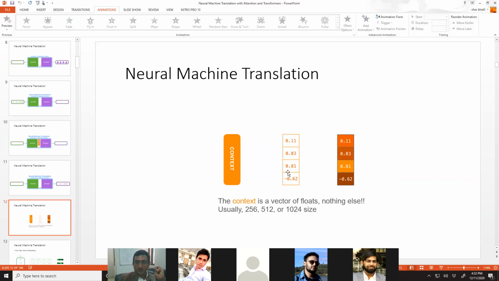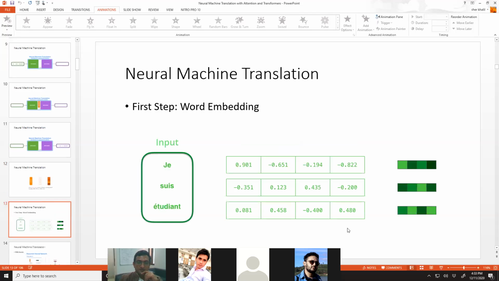This context vector is a vector of floats, usually of size 256, 512, or 1024. These are just word embeddings, right? They are estimated through some mechanism, and we'll see what that mechanism is. But actually, you just convert one word embedding into another word embedding, and that word embedding can be used by the decoder to recover the destination sequence, right?